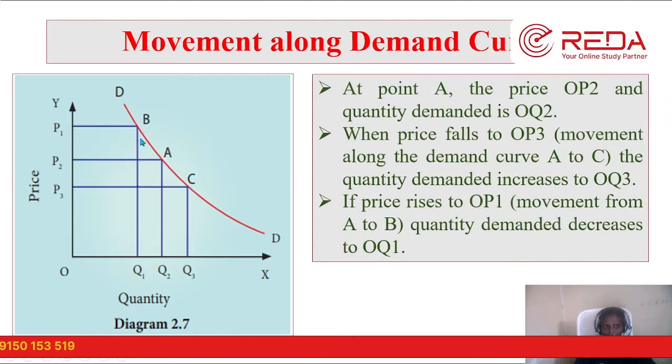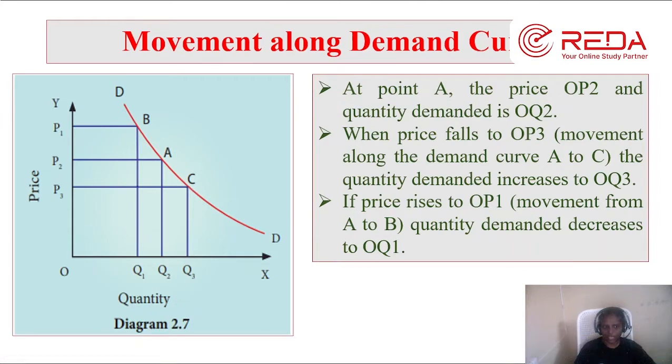When you join all 3 points, the edges of all the price and quantity demanded lines, you will get a curve called the demand curve, which is a downward sloping curve, the red curve. D is the demand curve. In the previous session we saw that whenever there is a decrease in the price level, the quantity will keep on increasing, and the demand curve will be sloping.